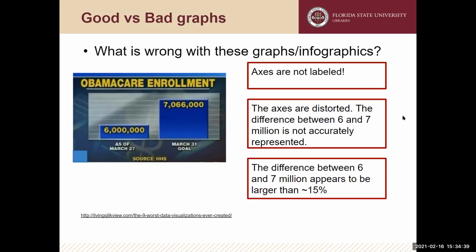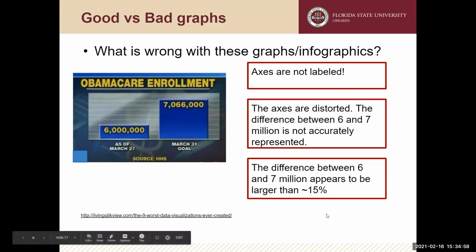The difference between 6 and 7 million is only about 15% or so, and you definitely would think it's at least double, if not more, just by looking at this graphic. So our axes here is the really big issue that stands out. Awesome.